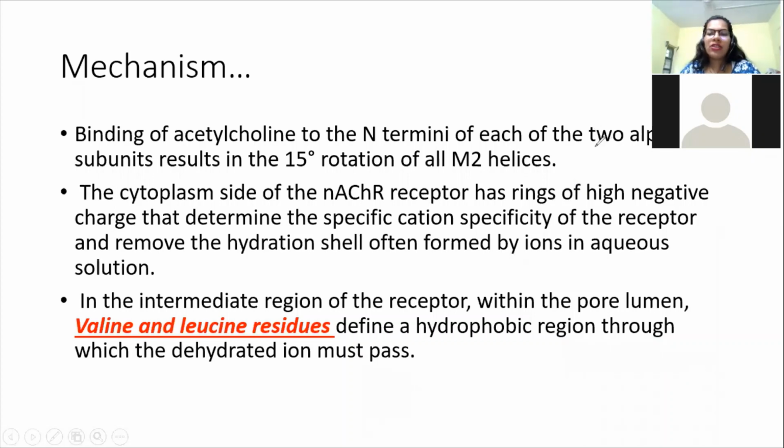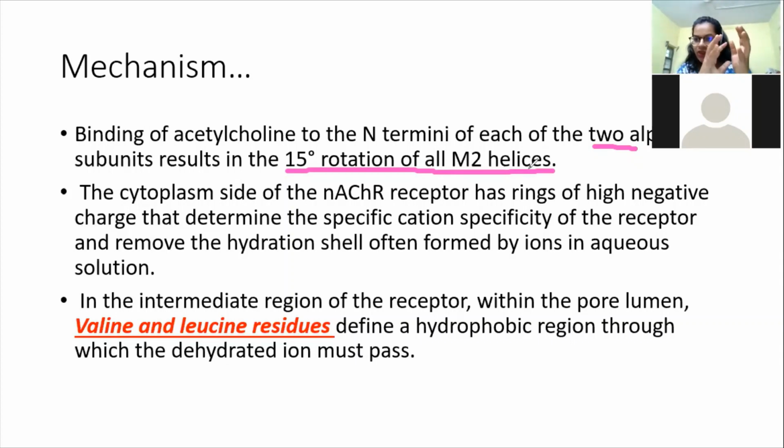They bind to the 2 alpha subunits, which results in a 15-degree rotation of all the M2 helices. What is the ligand over here? It is the acetylcholine. It comes and binds over here, and there is a 15-degree rotation. So all the helices, 2 alpha, beta, gamma and delta, move a little bit.